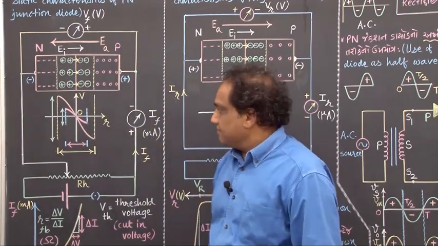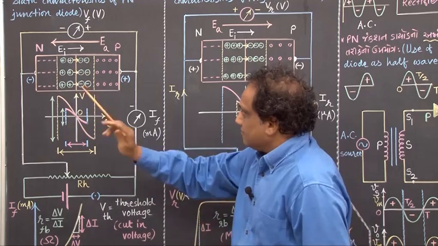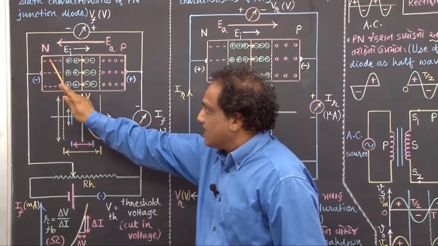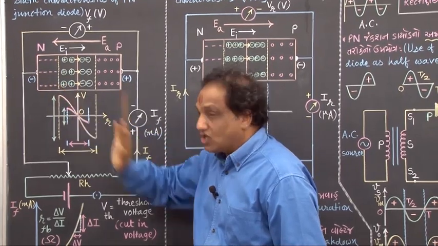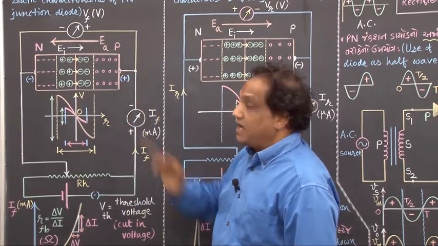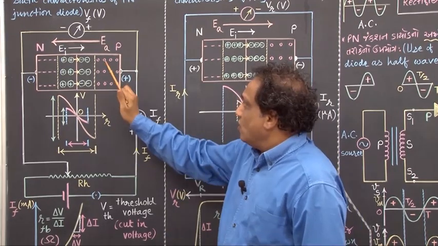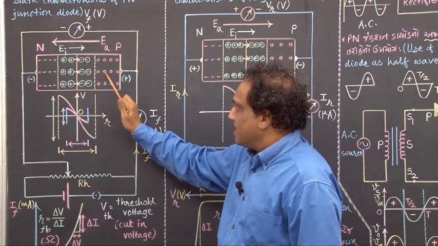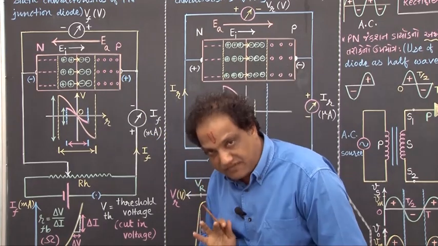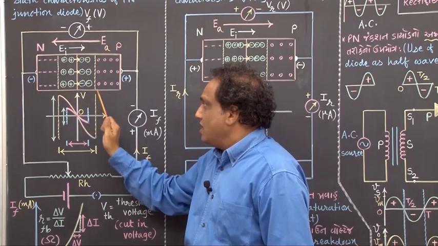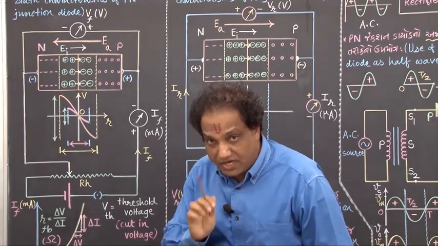parallel. Fine. Now tell me, because this is an N-type semiconductor, its majority charge carriers are negatively charged free electrons. And because this is a P-type semiconductor, its majority charge carriers are holes, which behave as if they are positive charges. Fine. And at the central part, you know, we have the depletion layer.